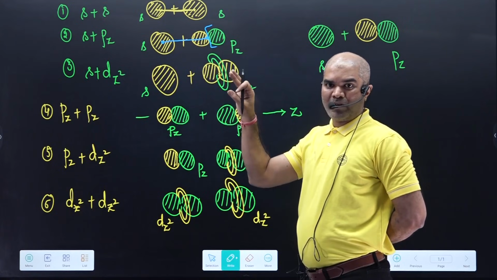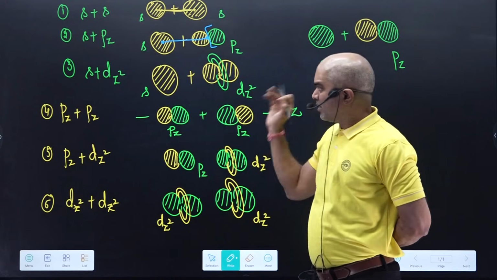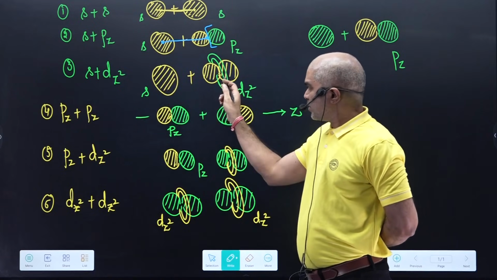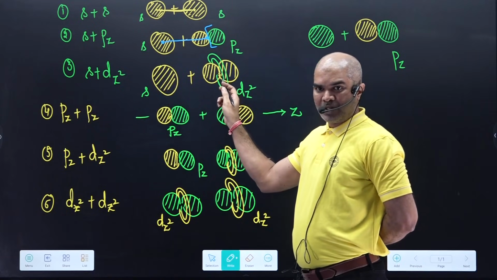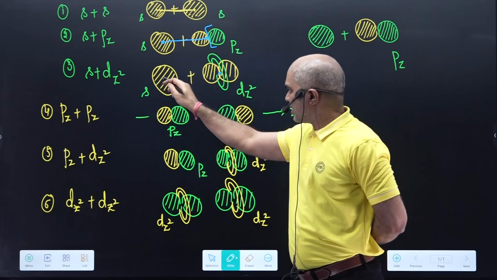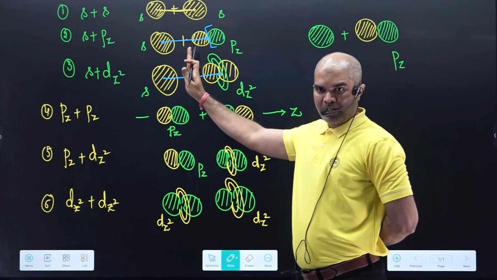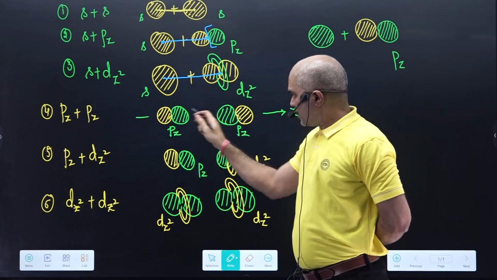Within the sigma bond, do you have a node or not? That is what we are checking, not in the individual orbital. Let us check S and dz square. Do you have any node? No, because in the center there is a nucleus. Between this, is there any phase difference? No.